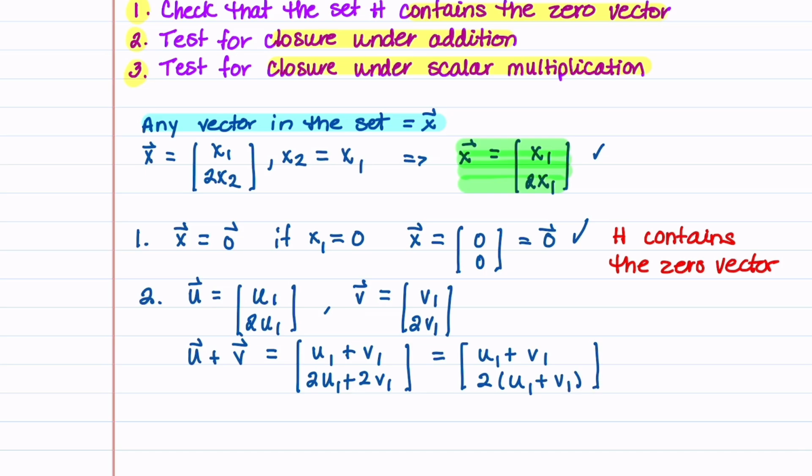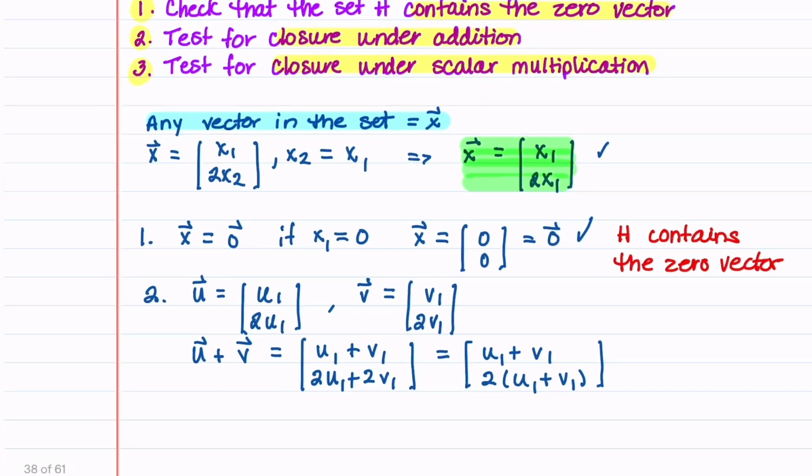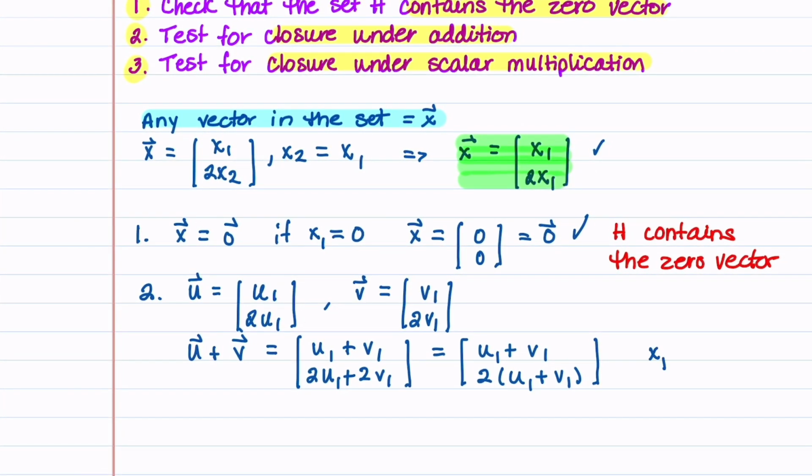Now we have to see if this vector looks like our vector x that I highlighted above in green. And you can see that if we were to set x1 equal to u1 plus v1, these 2 vectors will be exactly the same. So this tells us that our set H is closed under addition.